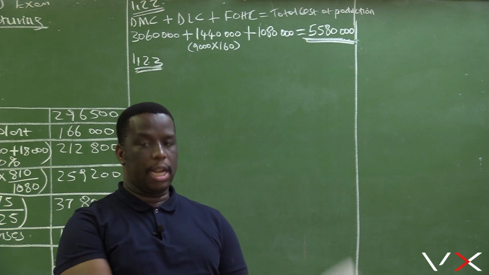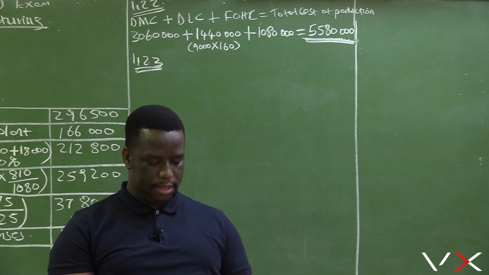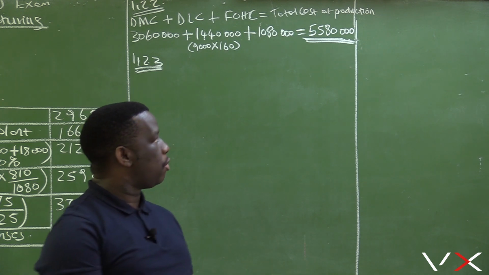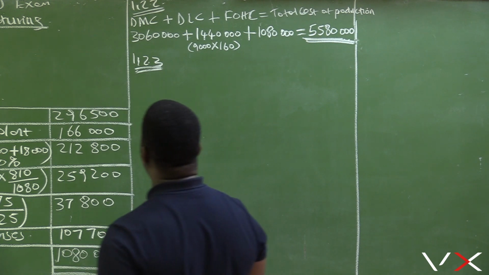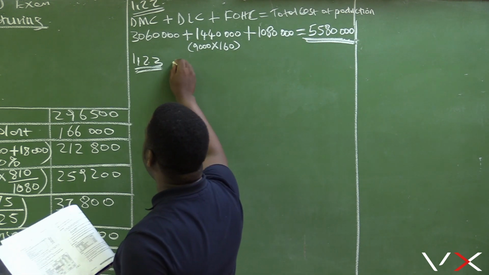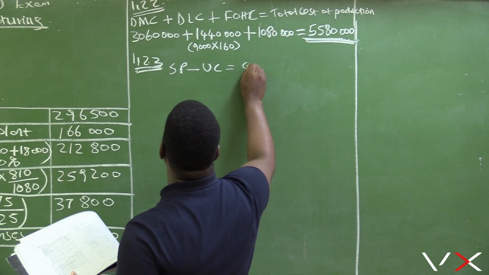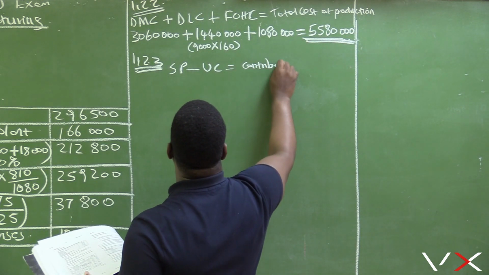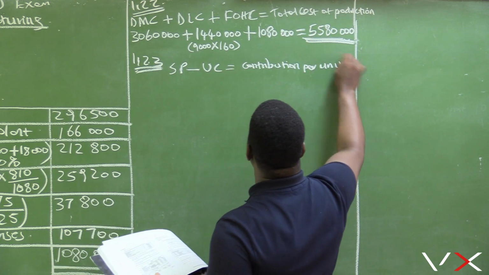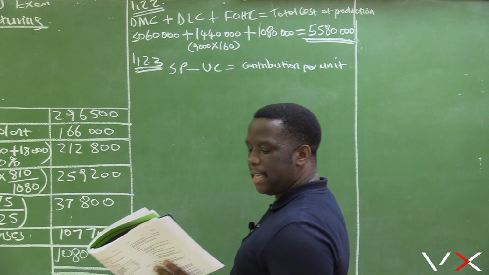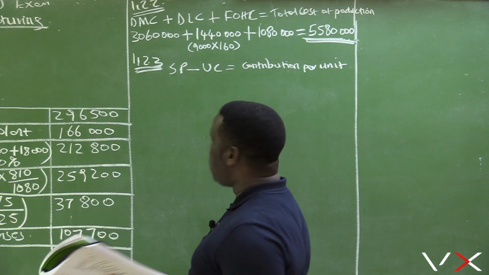If Sihle maintains the same selling price and cost, we can calculate the current contribution per unit. The formula is selling price minus variable cost equals contribution per unit. The current selling price for desks, given in information B, is 750.